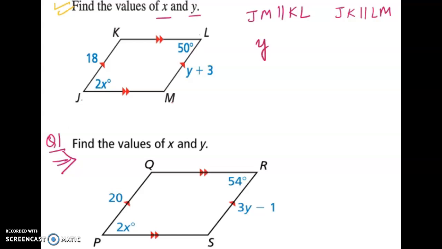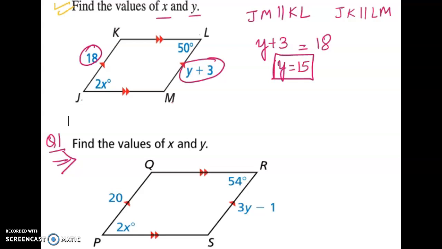I can safely say that y plus 3, which is LM, will be equal to 18, because they are parallel and congruent. Using a one-step equation, subtracting 3 from both sides, y is nothing but 15. Let's find out what x is.